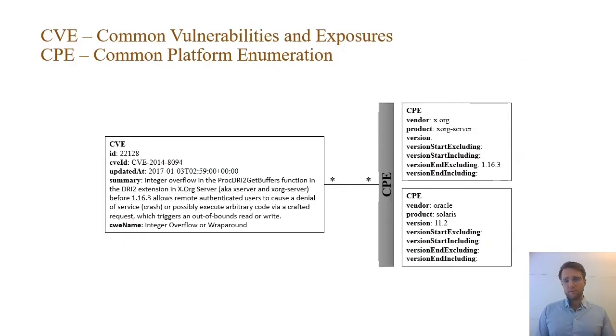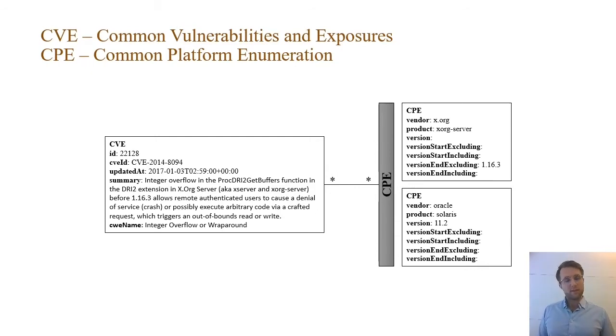To understand the problem we are trying to solve, let's look into some terminology of the industry. We are looking at CVEs, which are vulnerabilities that have been disclosed by a CVE numbering authority, where a CVE is a common vulnerability and exposure. Each CVE has assigned a CVE identifier, which is unique.